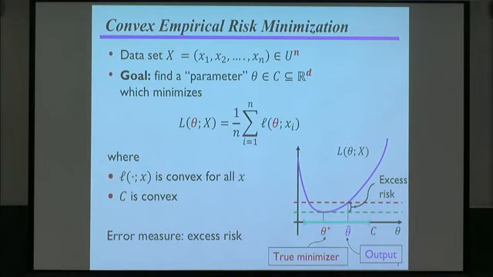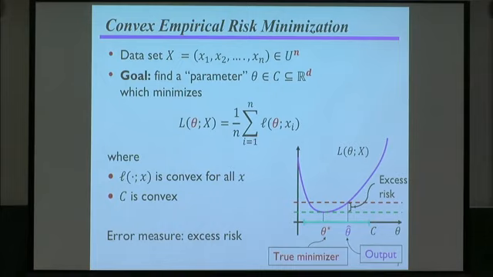Actually, in a statistical context, there are really two notions of excess risk that matter. There's how well I do on the function I have, which depends explicitly on the data set, and there's how well the parameter I output would do on other samples from the same population.